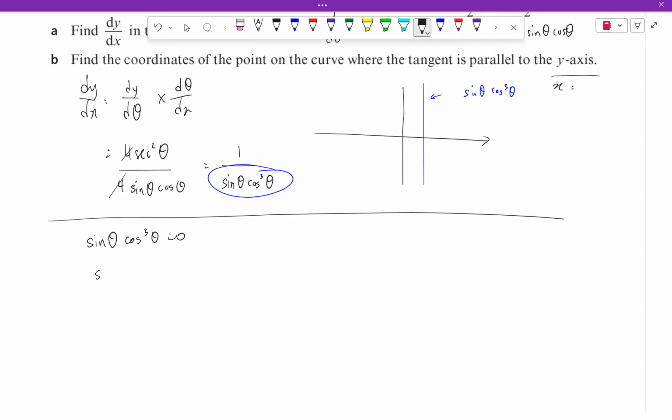Well, straightforward: sin theta equals 0 or cos theta equals 0.